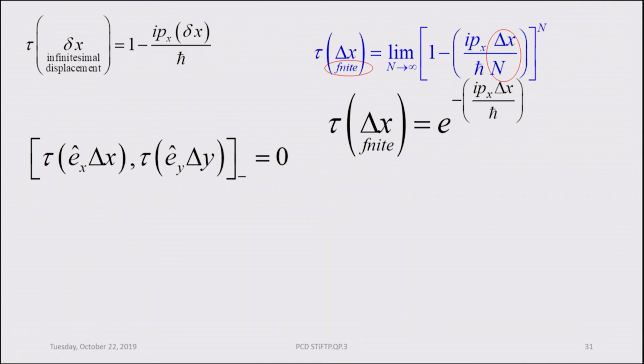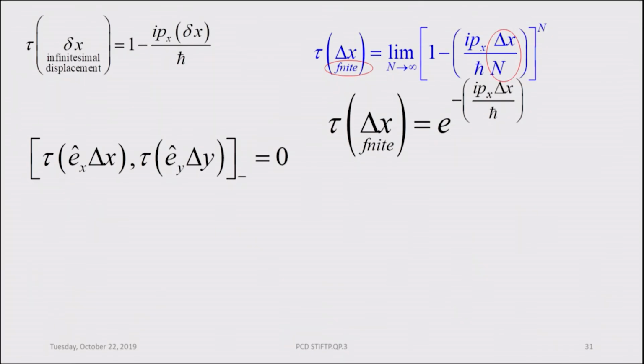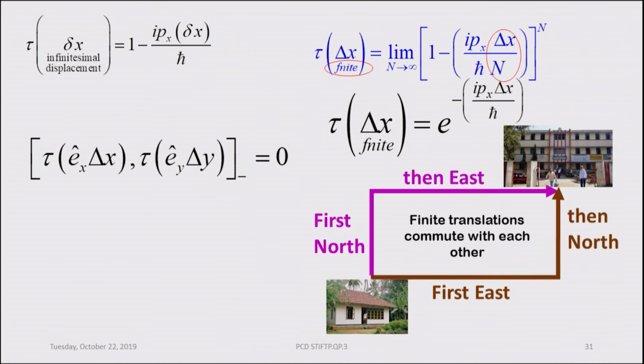We have considered that. Even in classical mechanics, we have seen that linear momentum is conserved in homogeneous space due to translational invariance, because momentum is the generator of these translations. And the two generators which are orthogonal to each other, they commute.